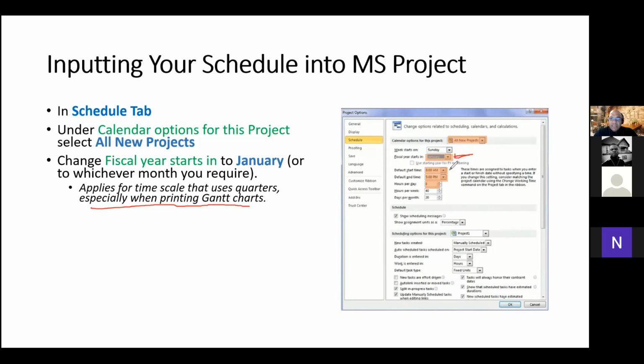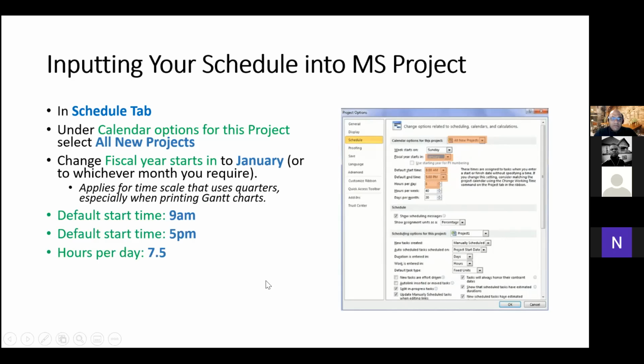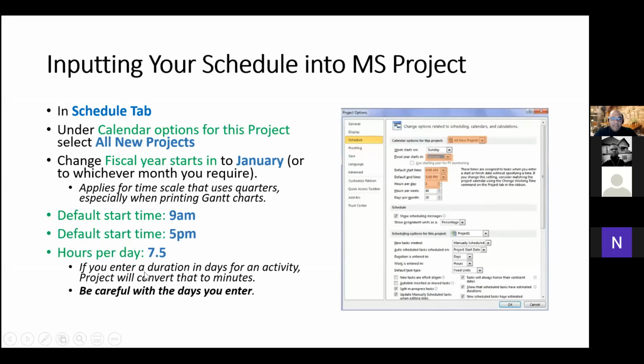Your default start time, in this case, I just put 8 a.m. here, and default end time, 5 p.m. This depends on what hours you use. I have here hours per day 7.5, in the screenshot I have 8. Now, if you enter duration in days for an activity, Microsoft Project will convert that to minutes.